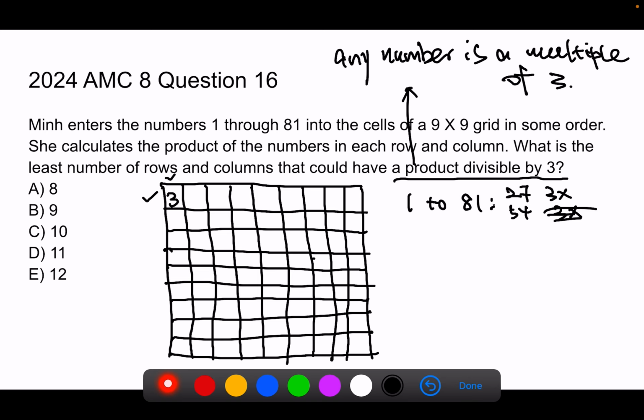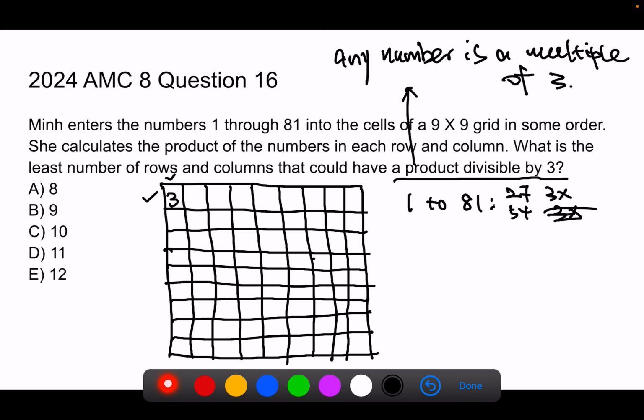You see my strategy here. If I have just one multiple of 3, I get one row and one column. Now I want to put in another number, but I want to minimize the number of rows and columns divisible by 3. If you put this number randomly anywhere, typically you will make one more row and one more column divisible by 3.